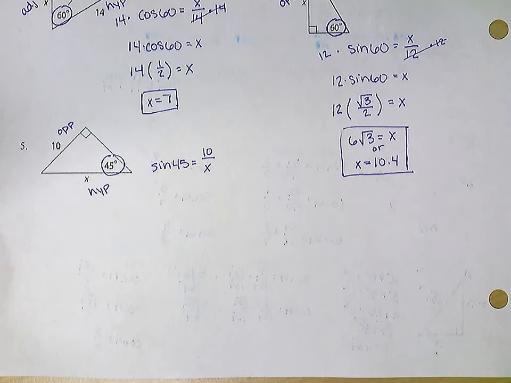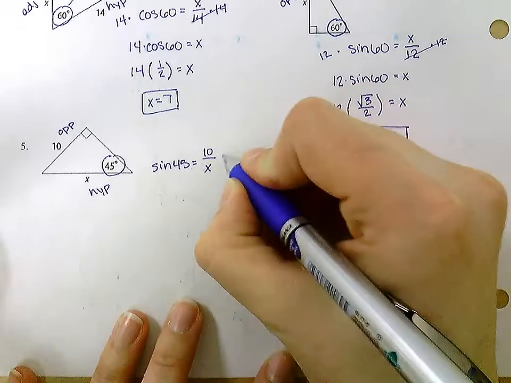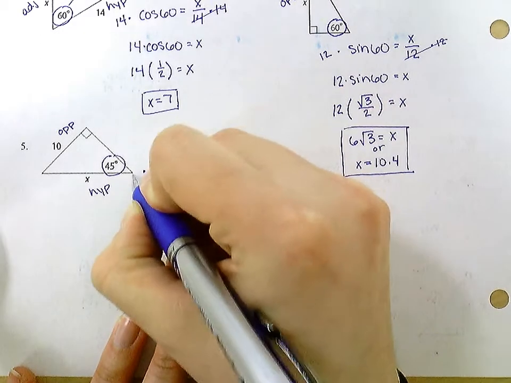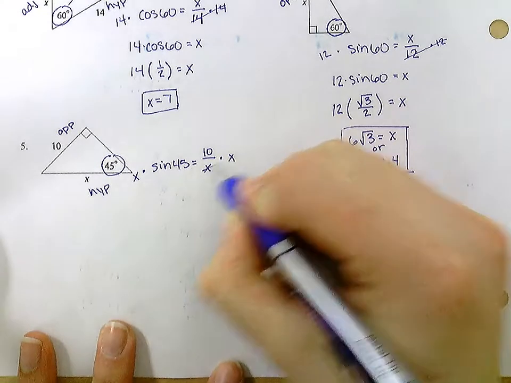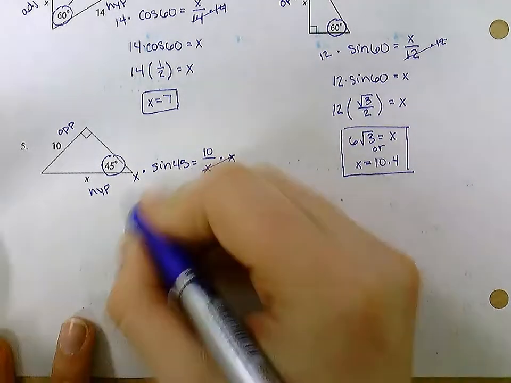Now for this one, you're not going to multiply by 10. What are you going to multiply by? X. You're multiplying by whatever is in the denominator, so you don't have that denominator anymore. So they would cancel out on the right.